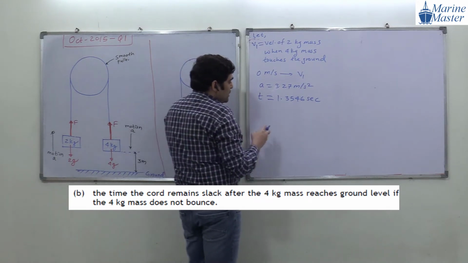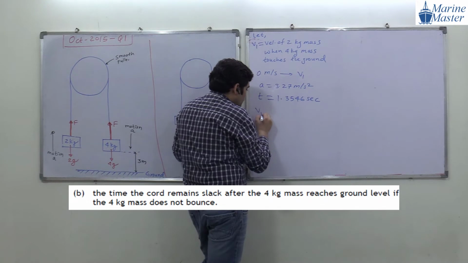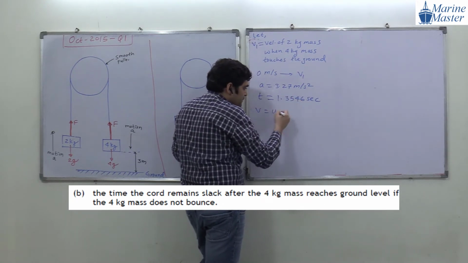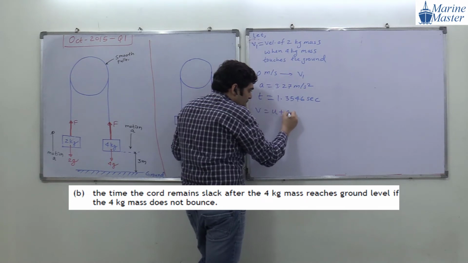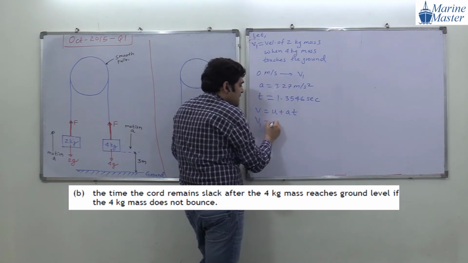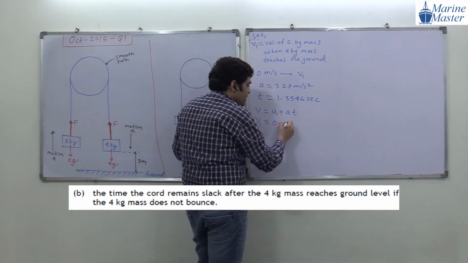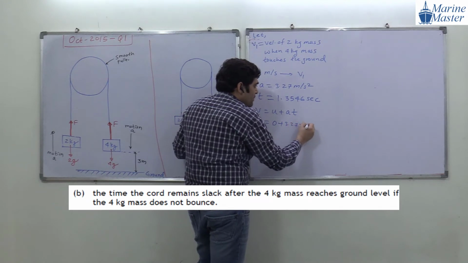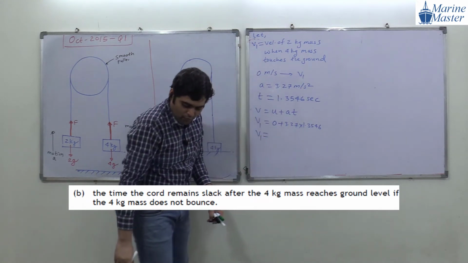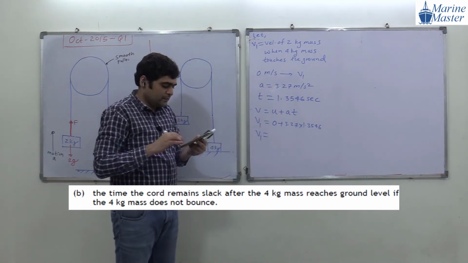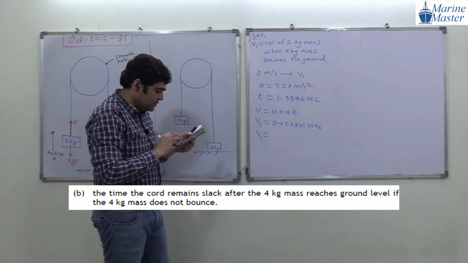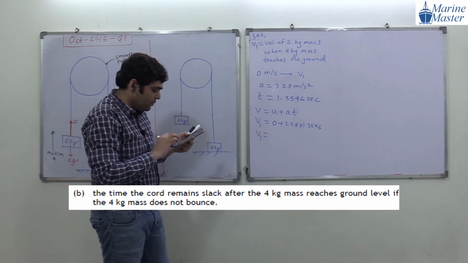So we know the equation of motion: v is equal to u plus at. So v1 is equal to initial velocity, starting from rest, 0, plus 3.27 times 1.3546. So what is the value of v1, guys? 3.27 multiplied by 1.3546.